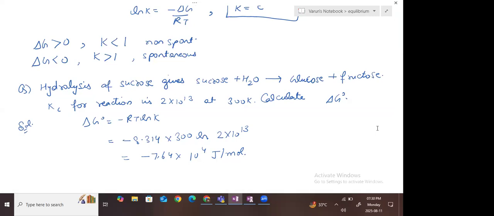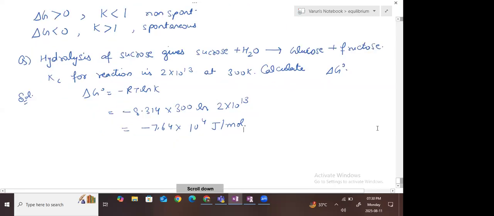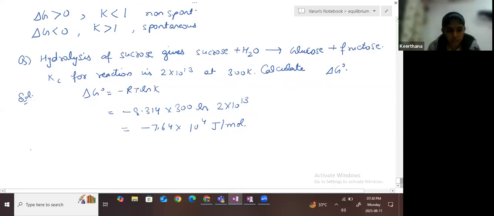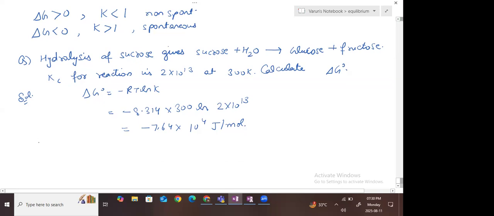Any doubt in this? No. Okay. Now we will discuss the factors that affect equilibrium, or how we can change the equilibrium of any reaction.